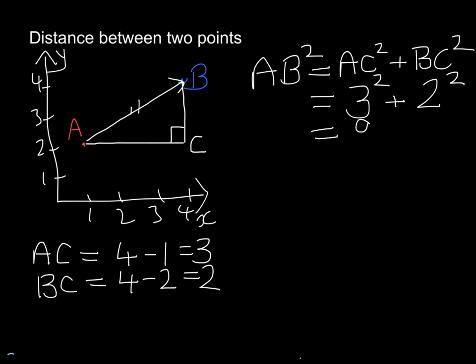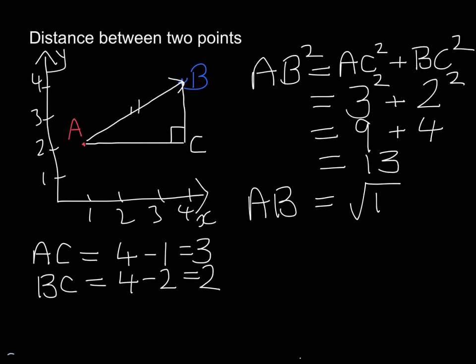Simply work those out, which is 9 plus 4, which is 13. So AB squared, the square of the distance we're after, is 13. So we know therefore that AB must be the square root of 13, and that's the answer.